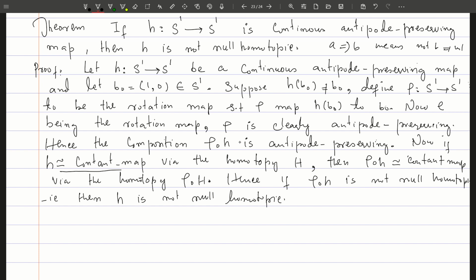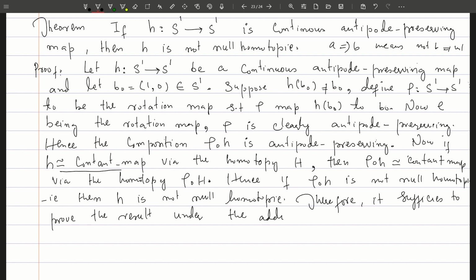So therefore, it suffices to prove the result under the additional hypothesis that H of B naught is B naught, because that won't make any difference.